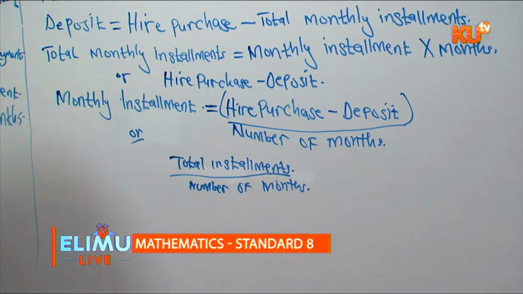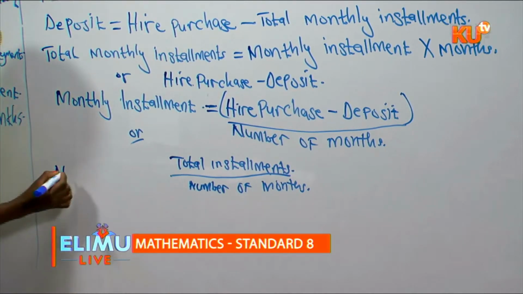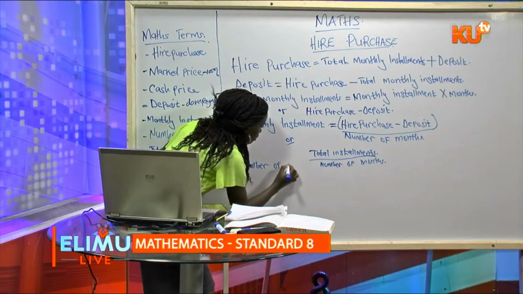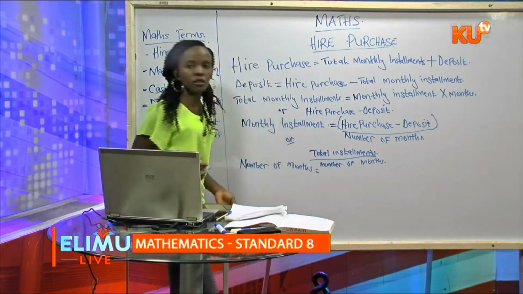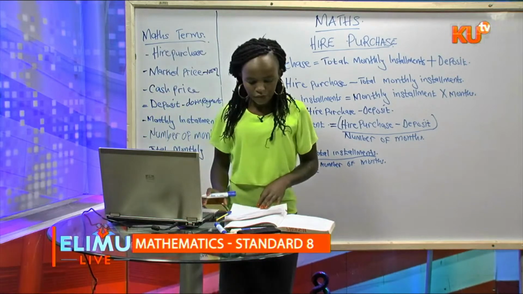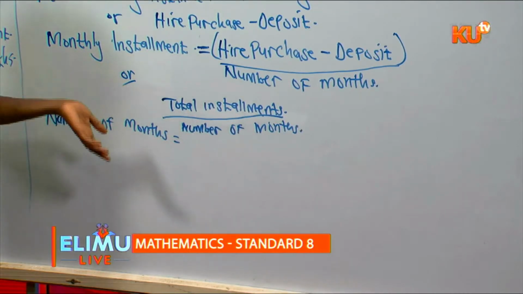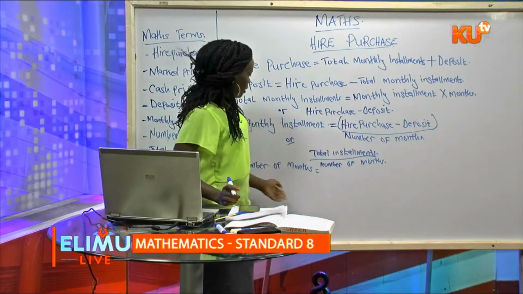And lastly, we have the number of months. How do we calculate the duration taken to pay the agreed amount? For us to get the number of months, there are two ways of doing this.